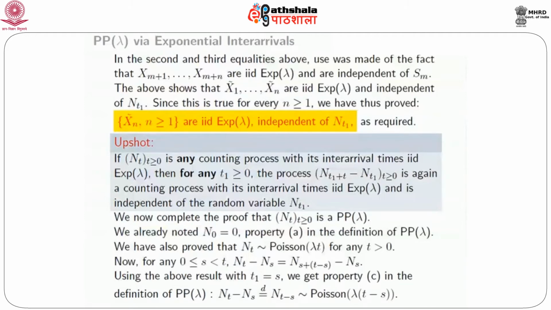But the N tilde process has the same distribution as the N process. So N tilde of t minus s has the same distribution as N(t minus s), and that gives you that N(t) minus N(s) is a Poisson random variable with parameter lambda (t minus s), because we have already shown that for any t, N(t) has Poisson lambda t distribution. So this proves property C.